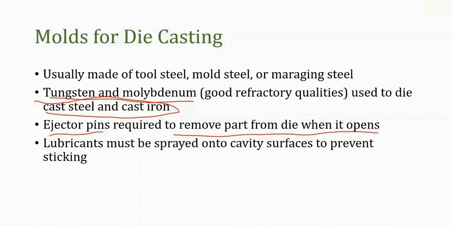Its purpose is to hold the two dies, and also to eject the material after the casting process is done. Before and after each casting process, you have to lubricate the die, so that it can easily remove the part from the dies. These are the properties of a die or mold.